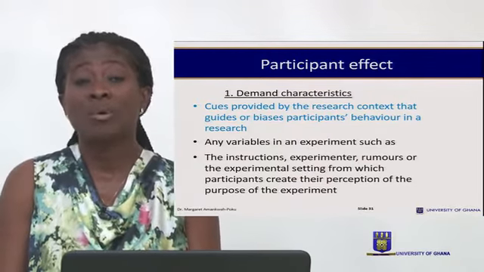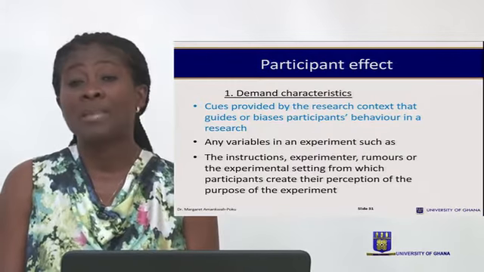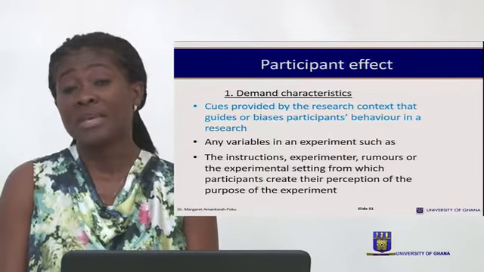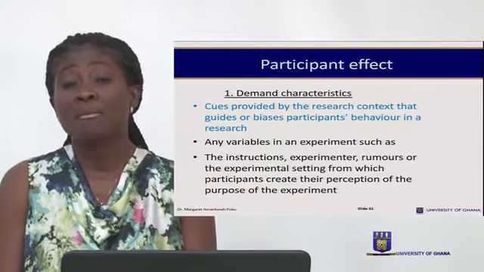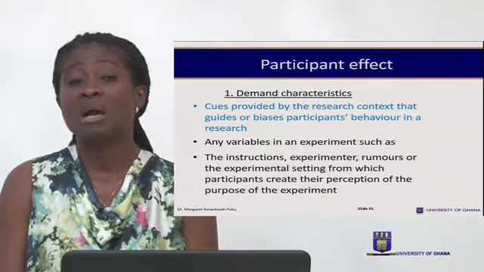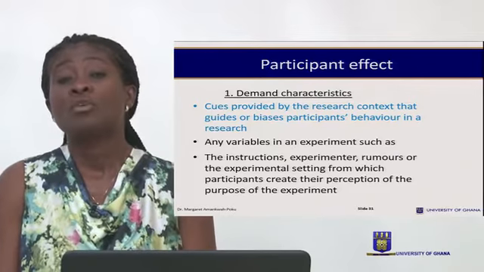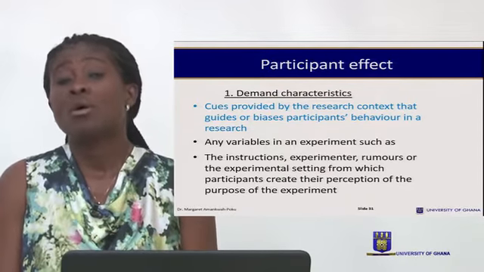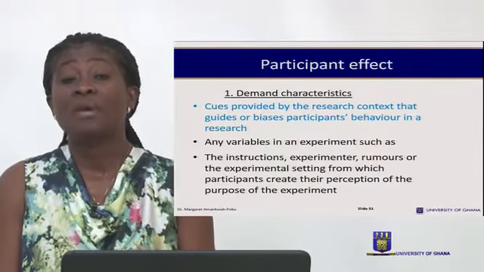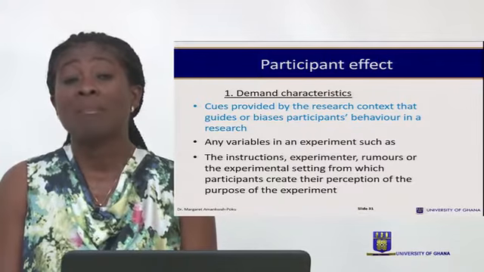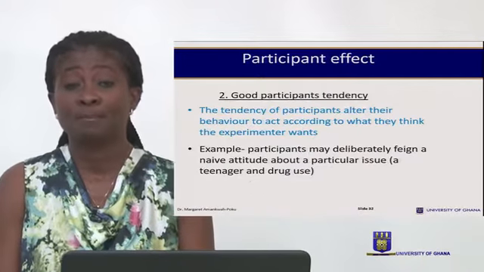Or you enter a laboratory and you see an equipment there and you make up your mind what you think the experiment is about. And so the responses that you make may be because of the perception that you have about the experiment. They may not be a true reflection of your behavior or your responses had you not had that perception about the purpose of the study.